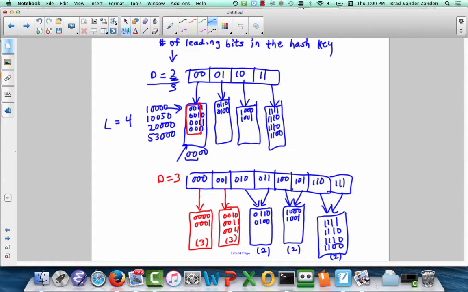So in a hash table, should it become full, we have to rehash everything. That's an expensive step. In extendable hashing, if we have to double the size of the directory, we don't have to rehash anything.